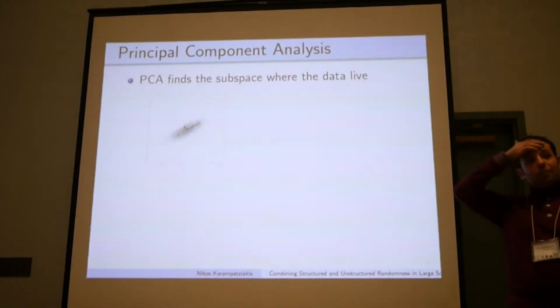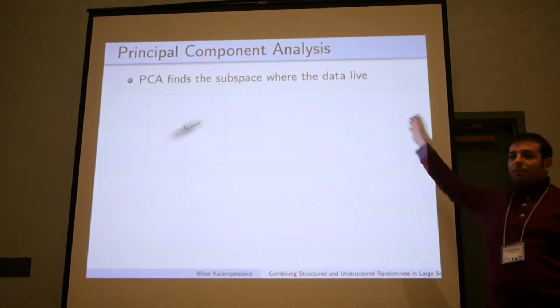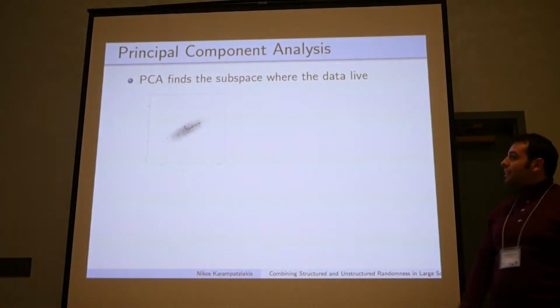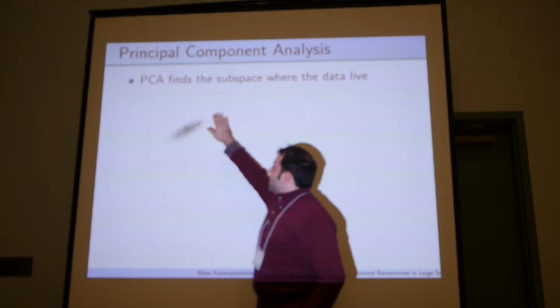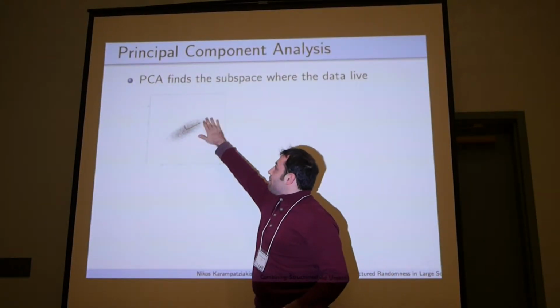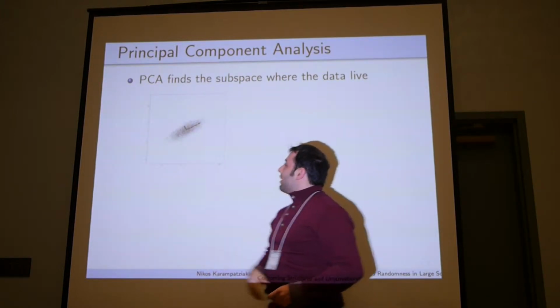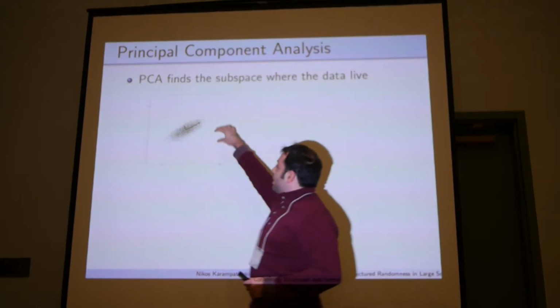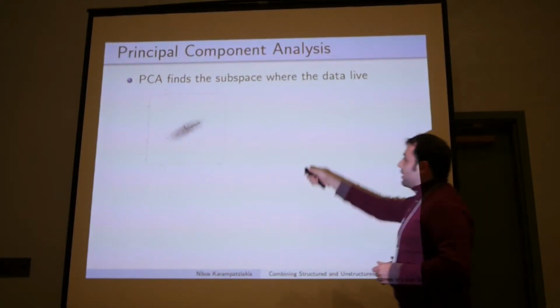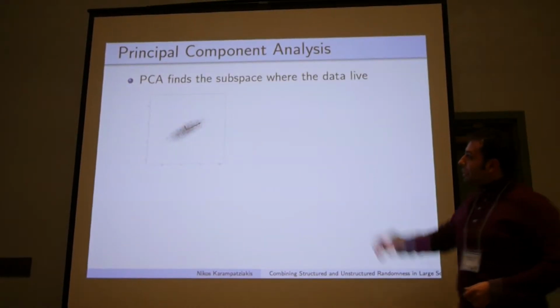So I'm going to talk about principal component analysis, which is this method for finding the subspace where the data live. Imagine your data is this point cloud in 2 dimensions. We find 2 directions, and we usually project the data on the dominant subspace. So we will find that line here, we will project our data, and this is the best we can do in terms of squared error.